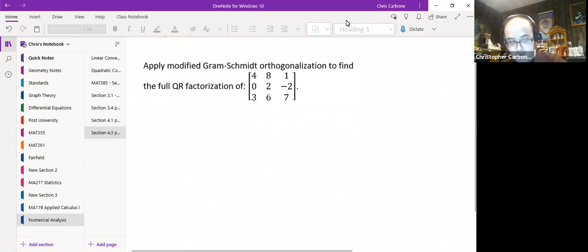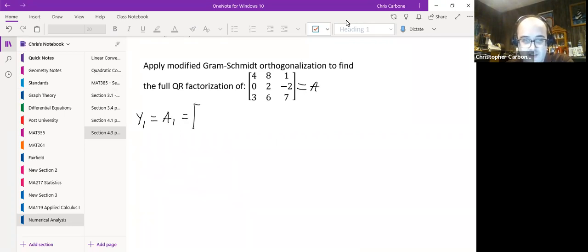But for this, we have a matrix, which I'm just going to call A. In order for us to build a QR factorization, the non-full method first, y sub 1 just takes on the first column of our matrix A, which is 4, 0, 3.